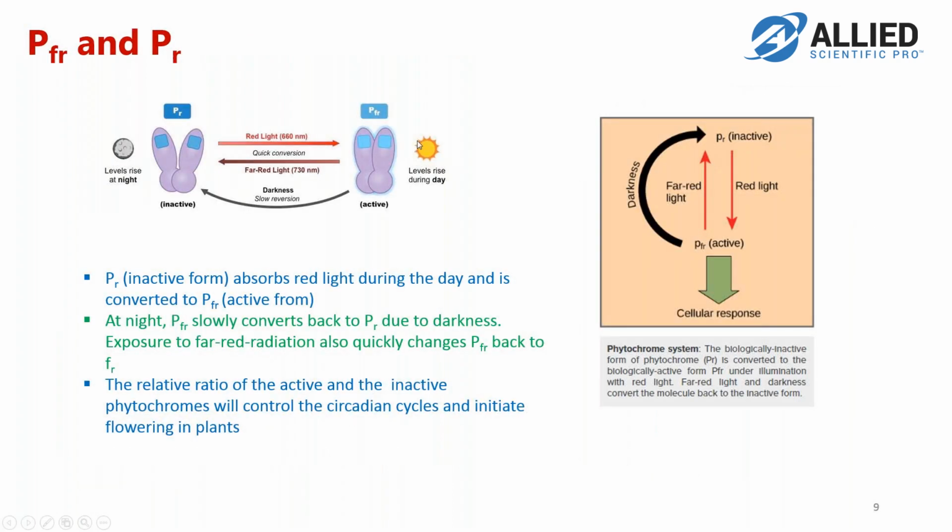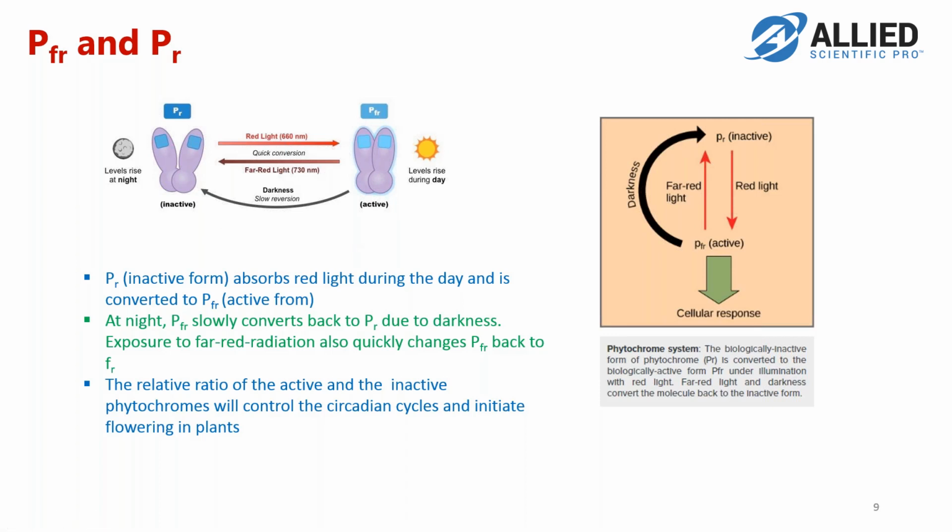For PR and PFR, quickly, red light is absorbed by PR and turns into PFR, and at night you could either shine far red or let it sit, and it converts back into the inactive form.